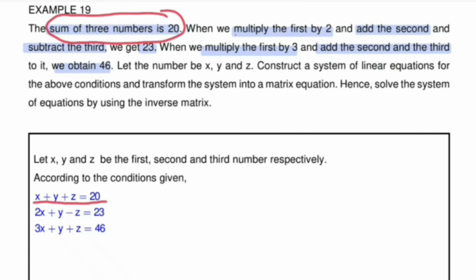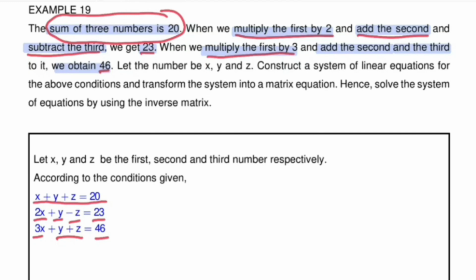If we multiply the first by 2, so 2x, add the second, plus y, subtract the third, minus z, we get 23. When we multiply the first by 3, so 3x, add the second and the third to it, so plus y plus z, we obtain 46.